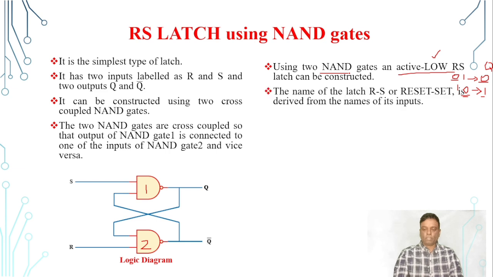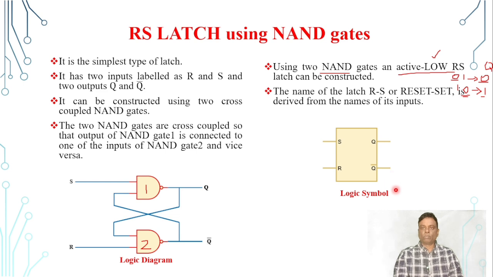As I have told you, R stands for reset and S stands for set. These are the two inputs of this RS latch. This is the logic symbol of the RS latch. These are the two inputs, S and R, and Q and Q complement are the two outputs of this latch.